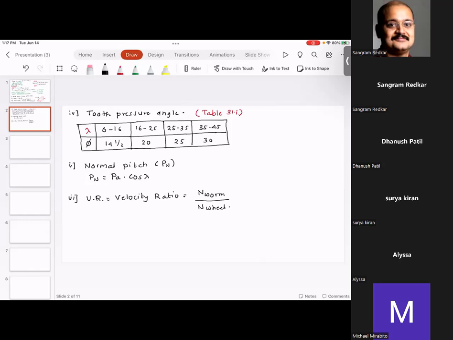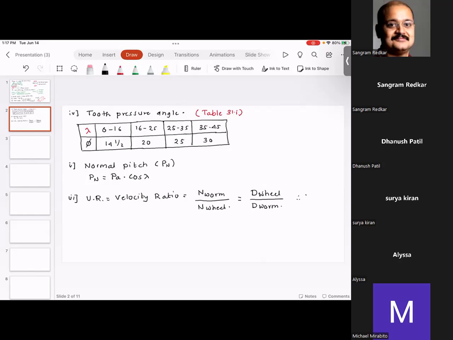And clearly, as you can notice, the worm RPM is going to be greater than the wheel RPM, which is equal to the diameter of the wheel divided by diameter of the worm.